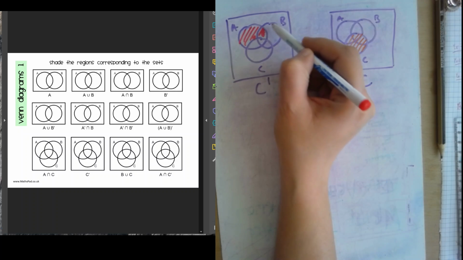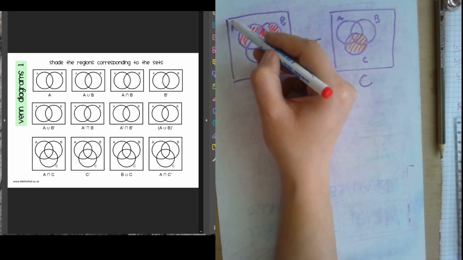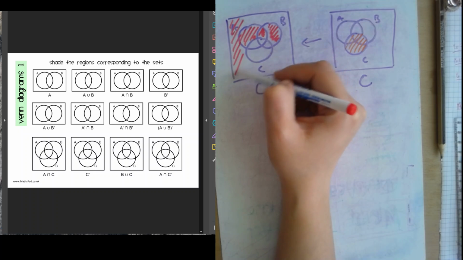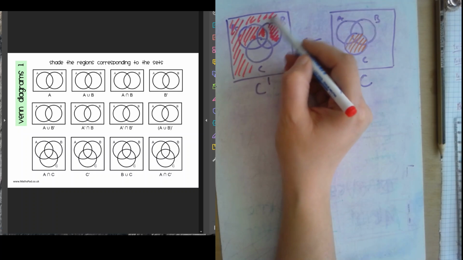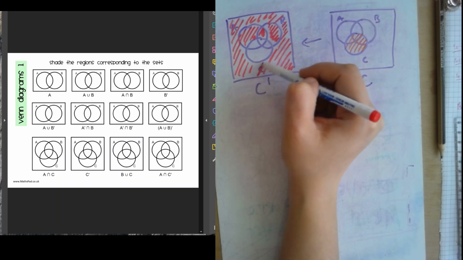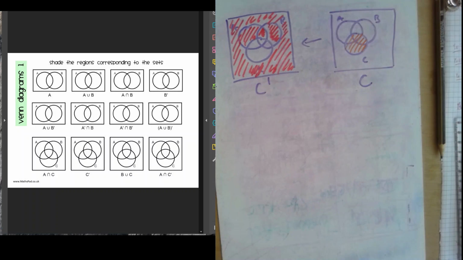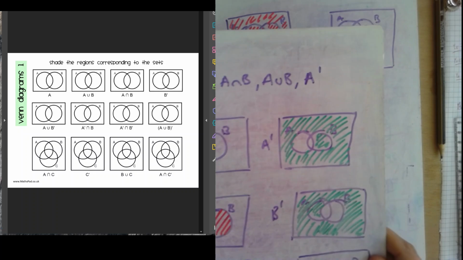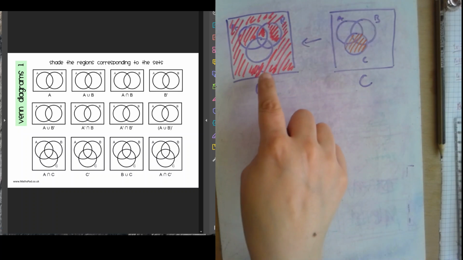I can colour in that section, that section, this section, and then obviously you have the outside as well. Which you may notice looks very similar to that. So that circle I don't colour in, everything else I do, which is exactly the same as what I've done there.